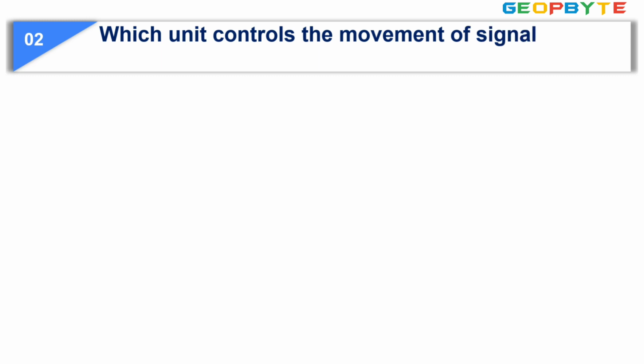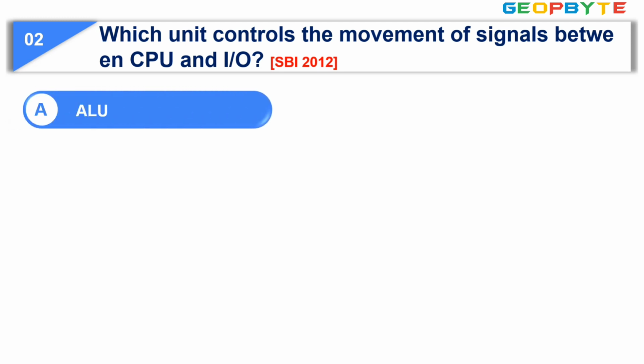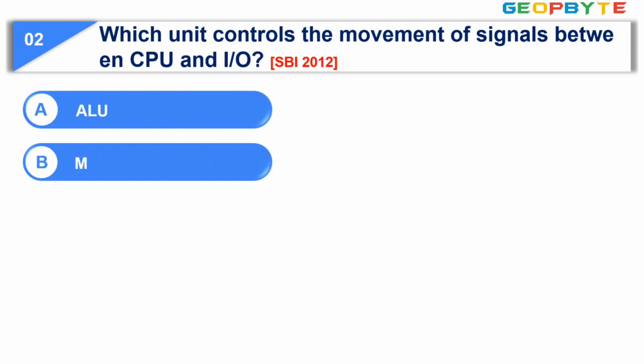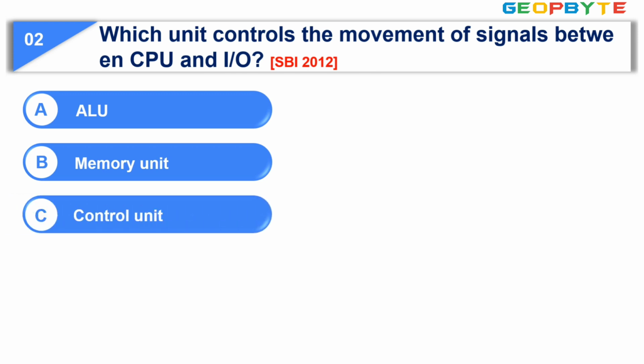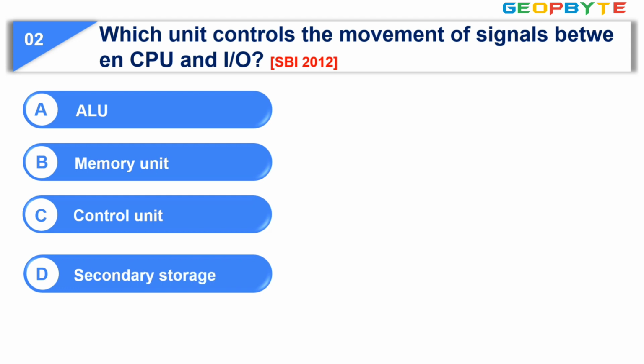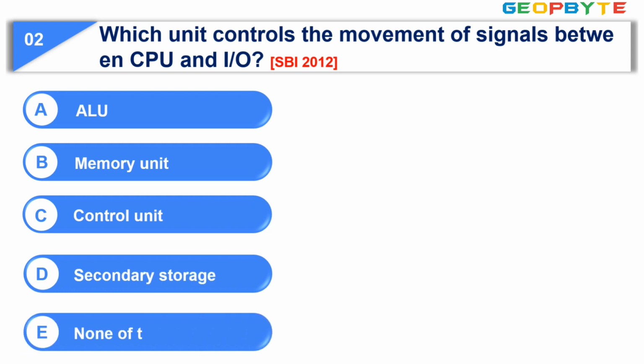Which unit controls the movement of signals between CPU and I/O? Option A, ALU. Option B, memory unit. Option C, control unit. Option D, secondary storage. Option E, none of these.